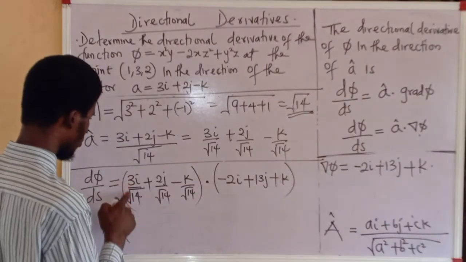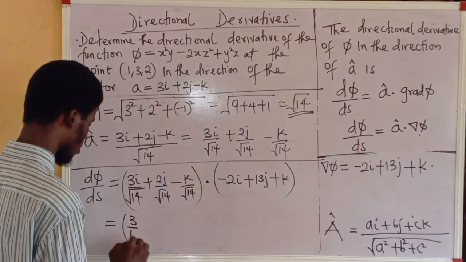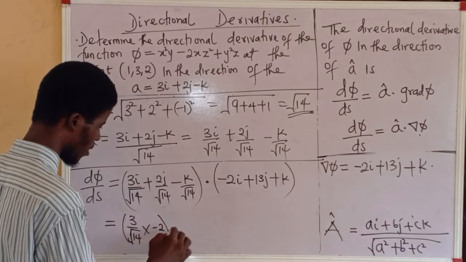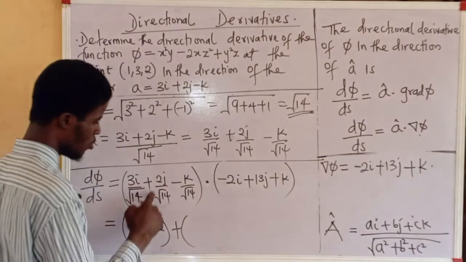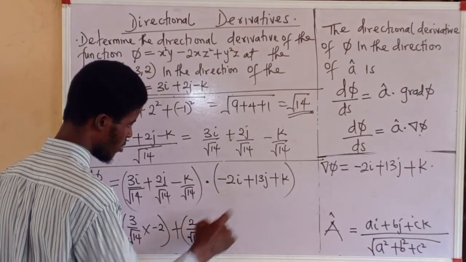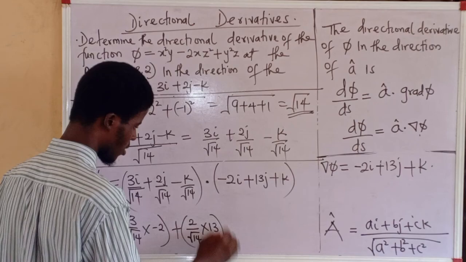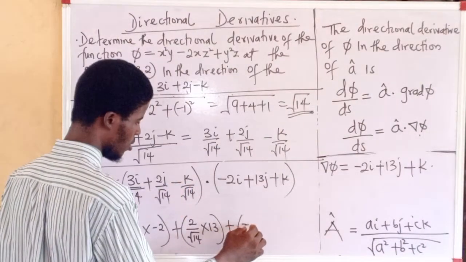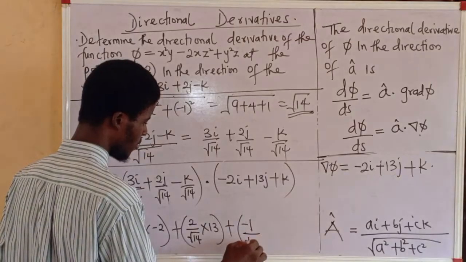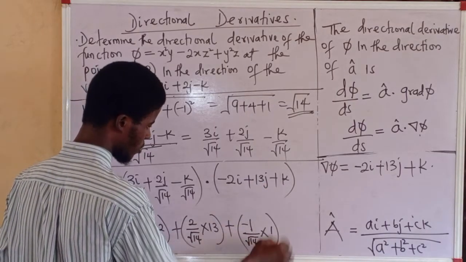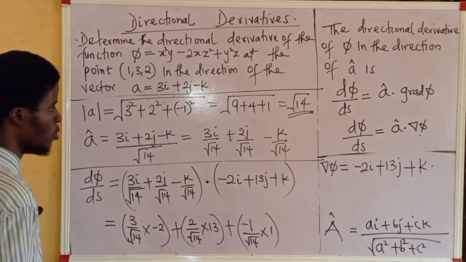So we have 3 over root 14 times minus 2, plus 2 over root 14 times 13, plus minus 1 over root 14, which is the coefficient of k there, times 1.